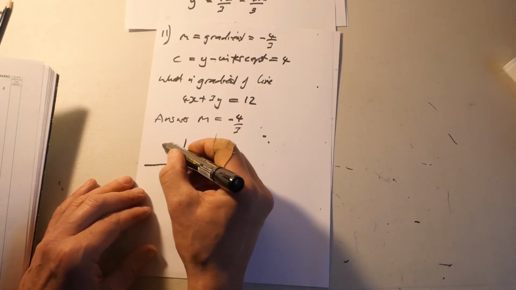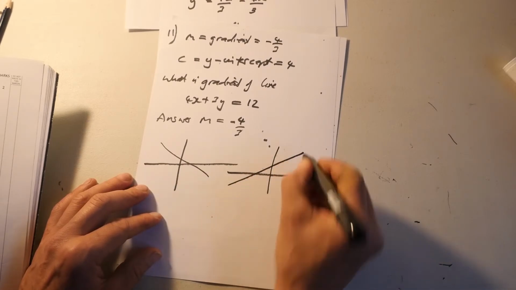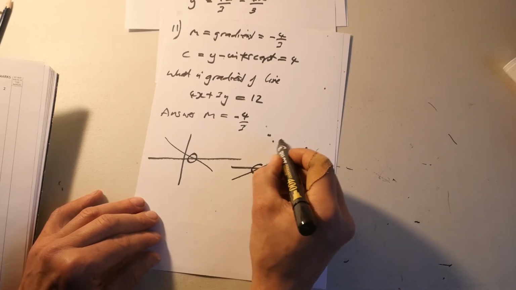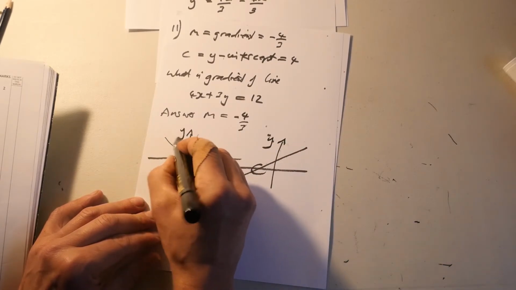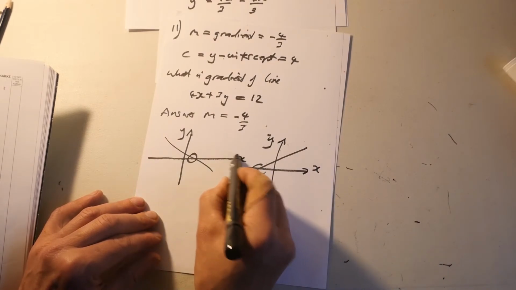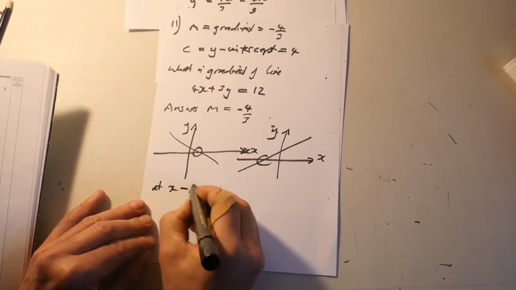Whichever way the line goes, when it crosses the x-axis, y is equal to 0.